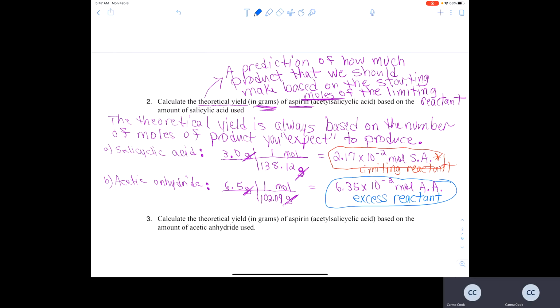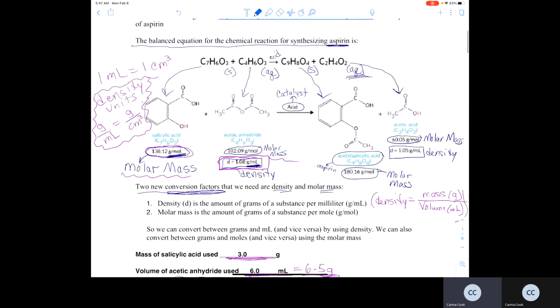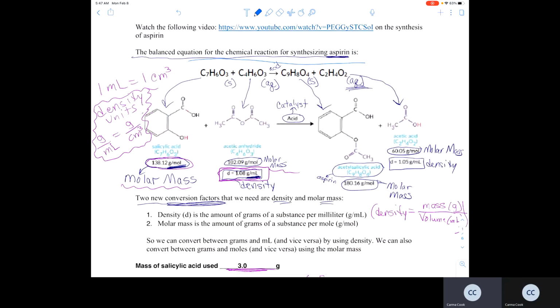And so therefore, looking at our balanced chemical reaction again, you notice that there aren't any coefficients in front of each reactant or each product.